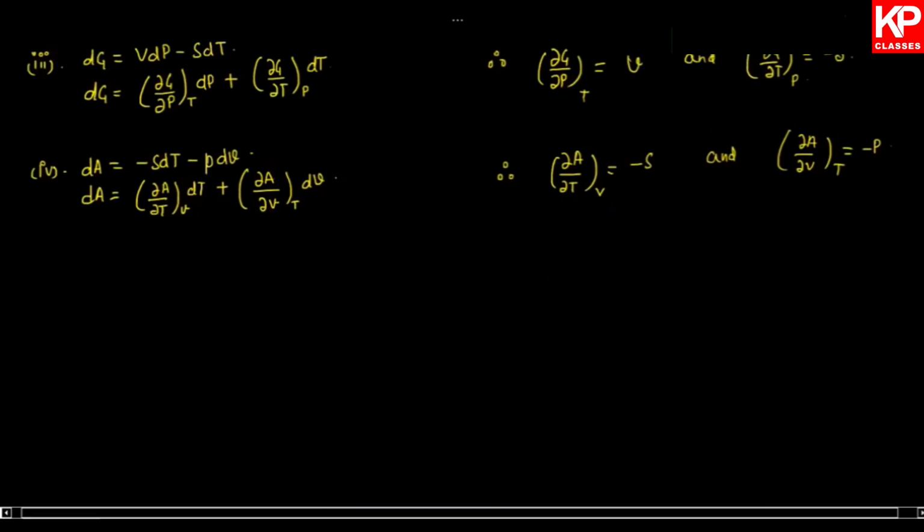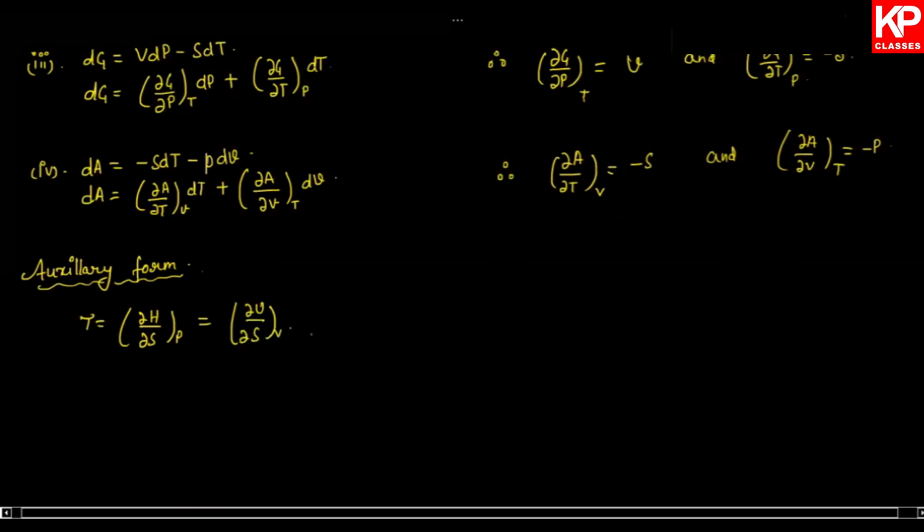All right. So I'm just summarizing the auxiliary form in a tabular format so that it is easy for you to revise. You obtain temperature by del H by del S at constant pressure, and also by del U by del S at constant volume.